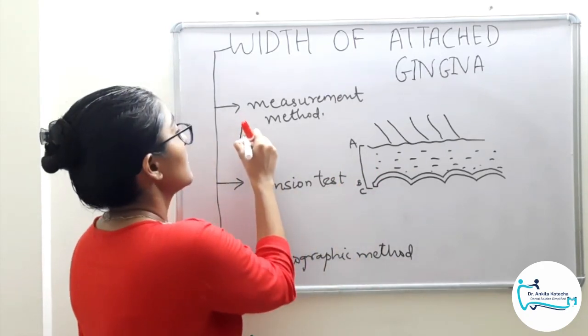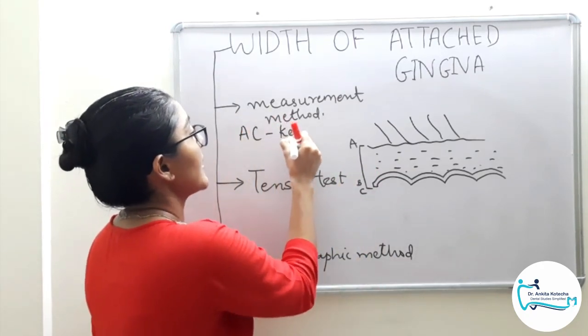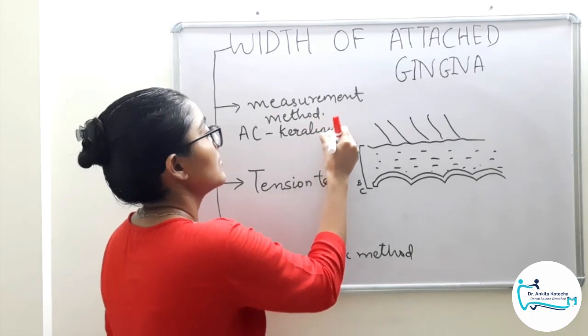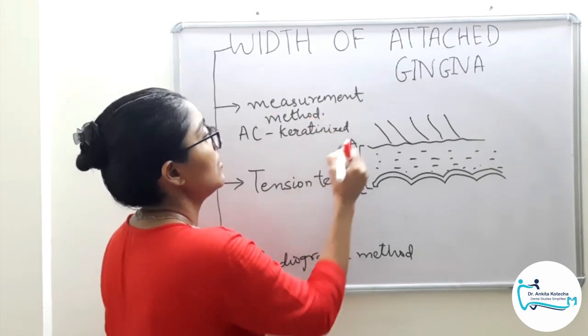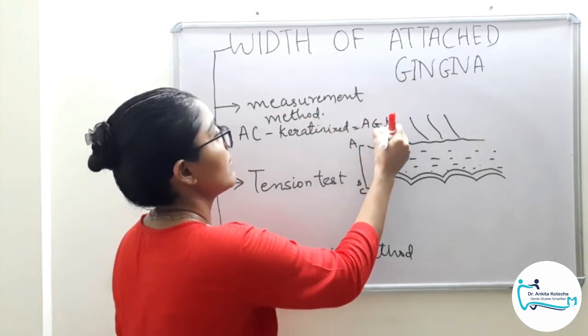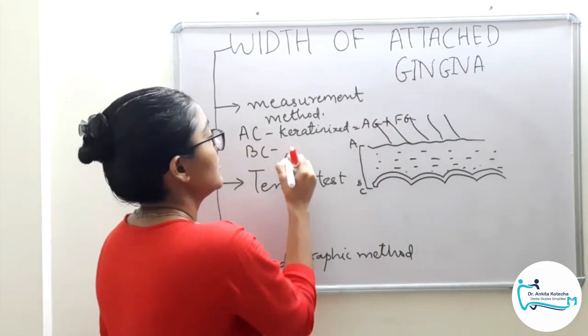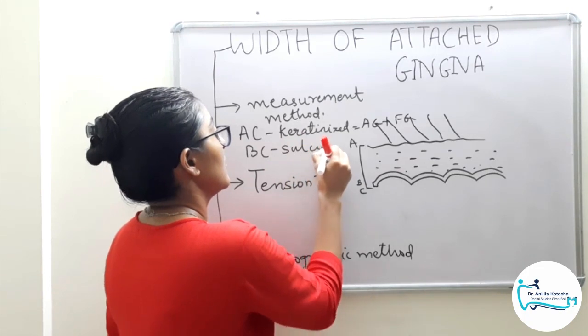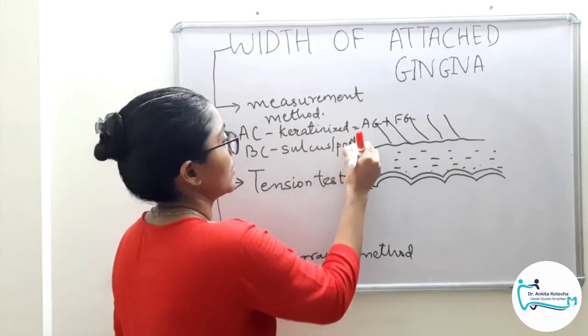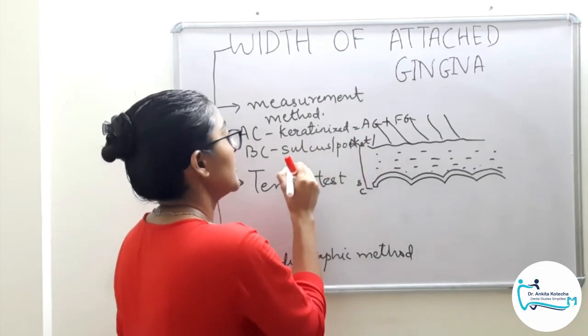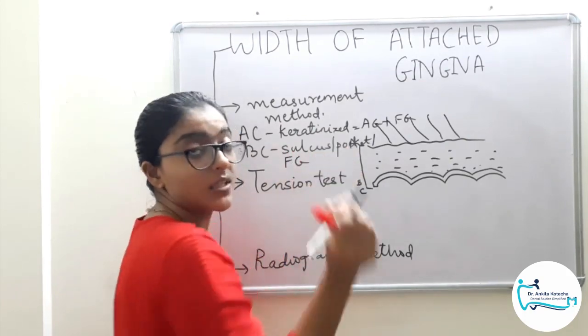Clear? Where AC is the keratinized gingiva, which contains both attached gingiva plus free gingiva, and BC is the sulcus, or in certain cases pocket, or ordinarily it is free gingiva.